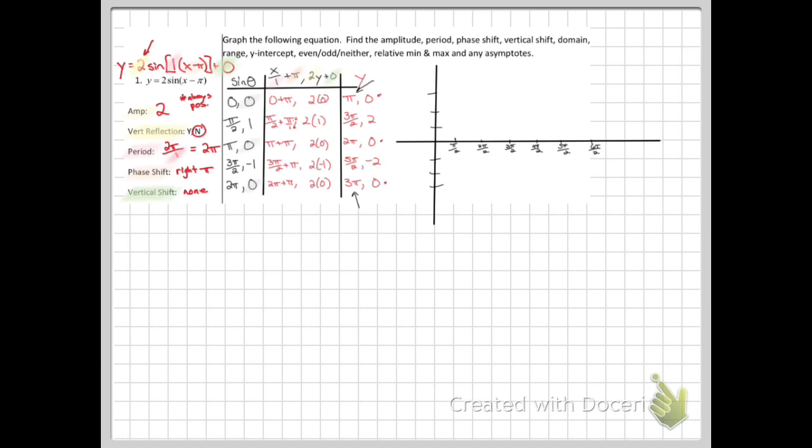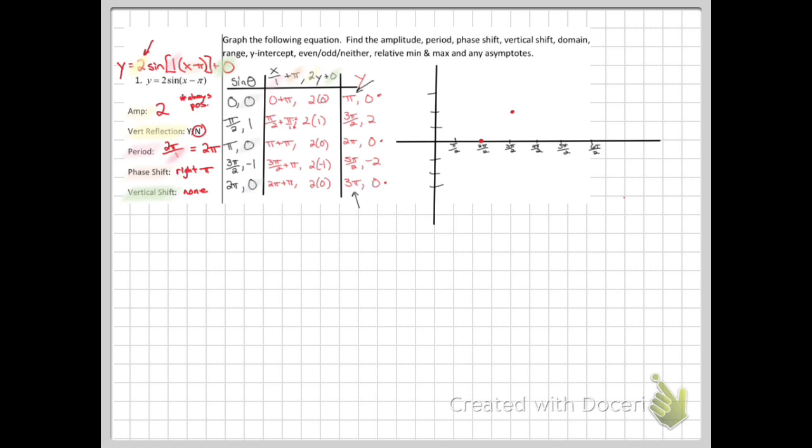At pi, 2 pi over 2, it has a value of 0. At 3 pi over 2, it has a value of 2. You should also notice that these are symmetric. So if one of your answers for your x's isn't an equal distance, you probably did something wrong.